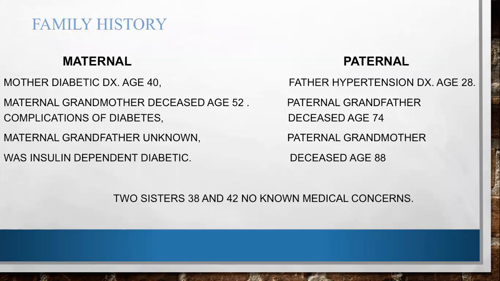Family history, maternal, is listed here, first paternal on the opposite side, and his siblings are listed as well. As you review the patient's family history, are there any inclusions or omissions that raise concerns or questions?